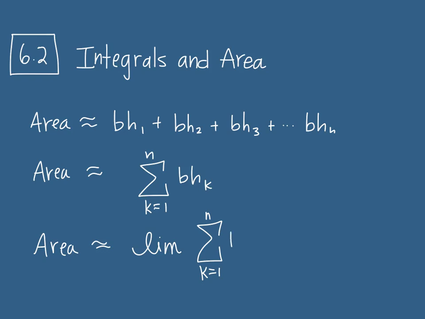Actually, I'm going to switch it around. You'll see why in just a second. I'm going to do h sub k times b. And as n then approaches infinity, because as we approach infinitely many rectangles, we will increase our accuracy over and over and over again.